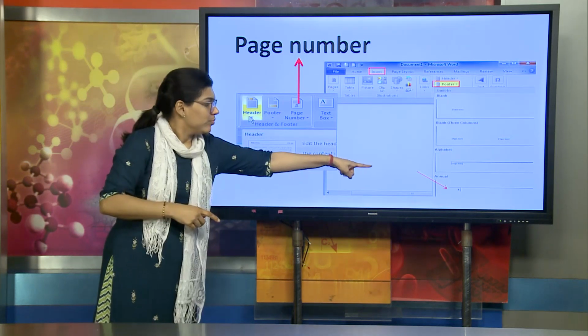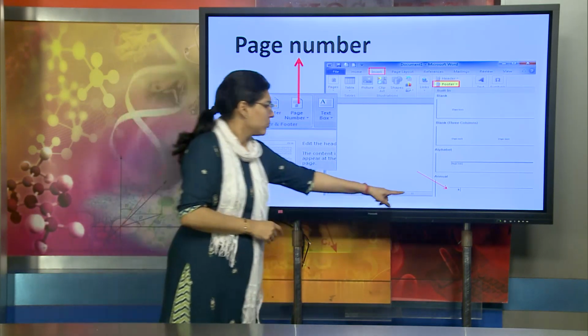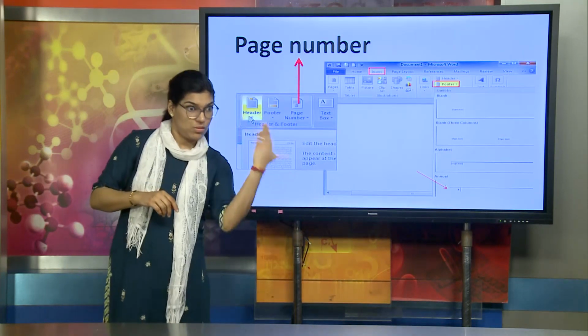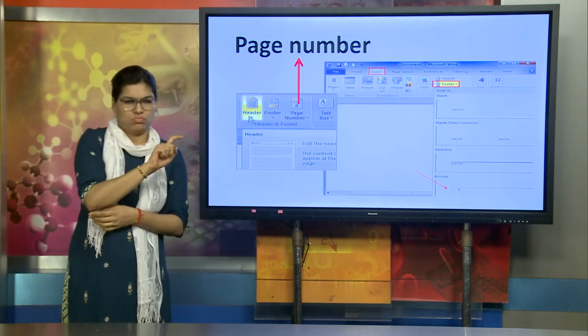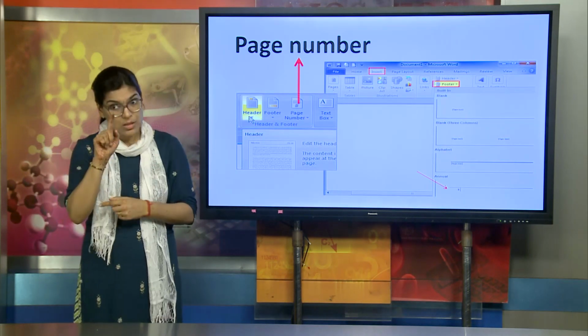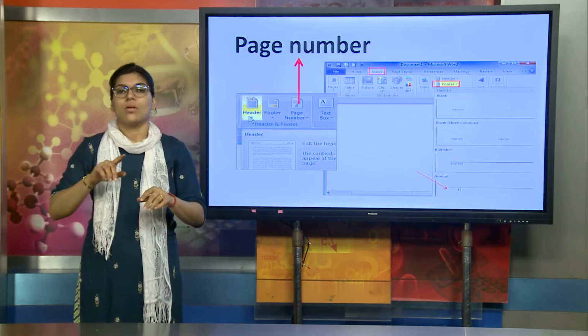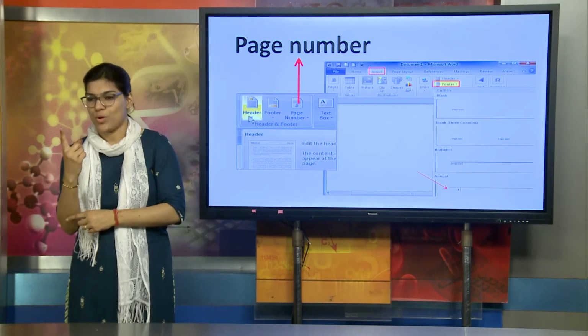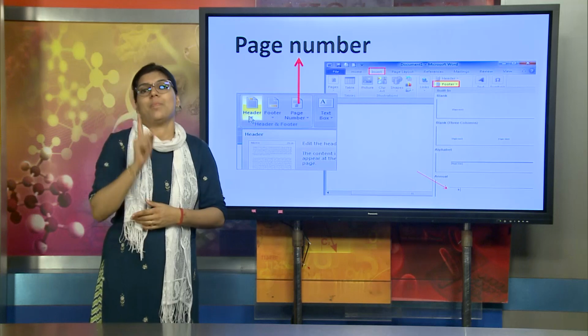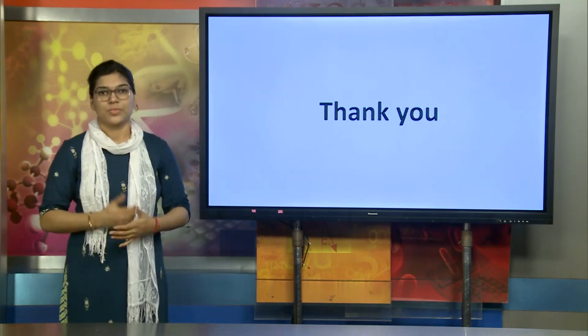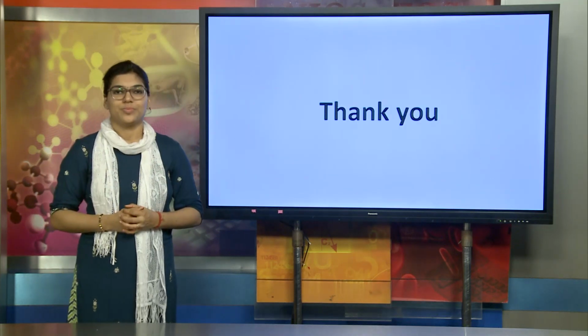It is important to mark the page number in the desired place. You can choose it on right, left, or center. So when it gets printed out, there will be no confusion. It is important to put page numbers on the paper. Thank you.